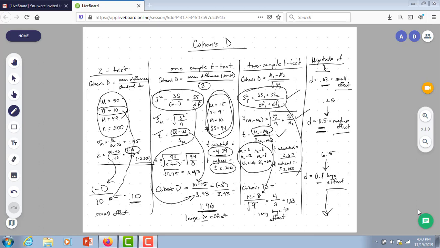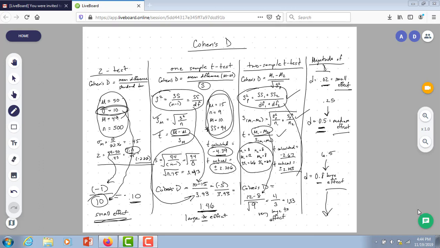Okay, so let's recap. How would you go about getting Cohen's D for a z-test in which you had a significant finding? Well, you would simply take the population standard deviation, which is 10, and drag that down into the denominator of your Cohen's D formula, and then you take the numerator of your z-test formula, that mean difference, 49 minus 50, negative 1, drag it down, do that equation out, and you would end up with 0.10.